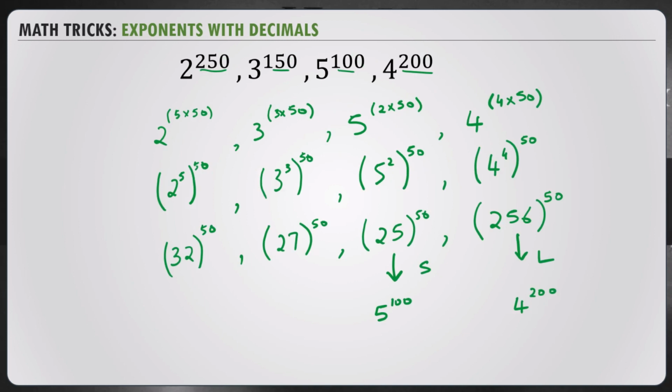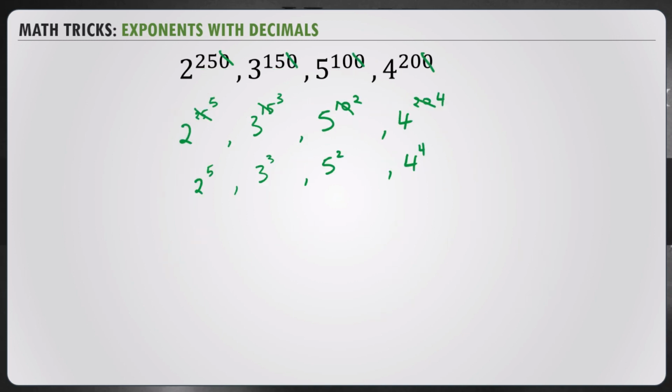All right, so 2 to the power of 5 is 32, 3 to the power of 3 is 27, 5 squared is 25 and 256. We got the same answers. This is the smallest and this is the largest. We got the same answer but using a different technique.